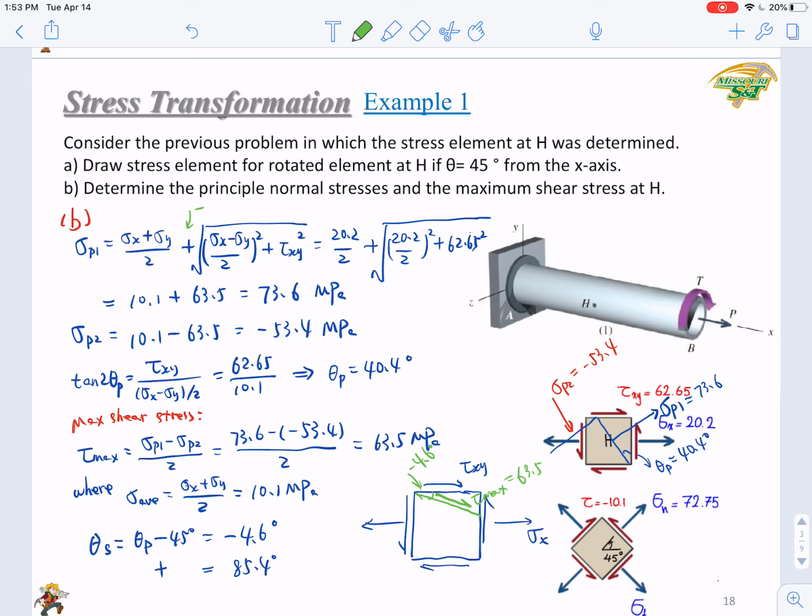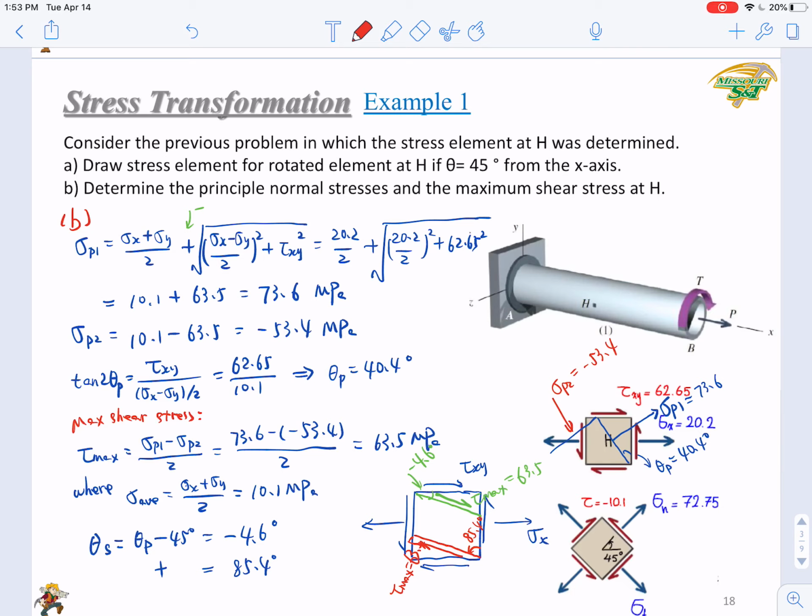Or you can find it by a rotation of 85.4 degrees. On this plane, you can also find tau max equals 63.5.